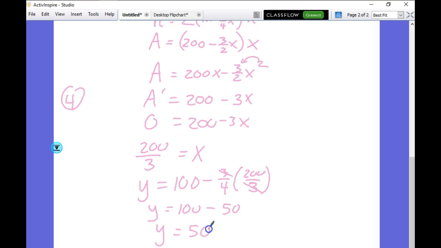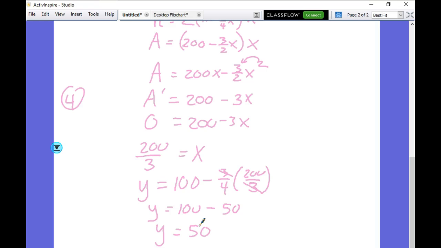And y is 50. So now what was the question asking for? Was it asking for the largest area? You sure? It's not what they told me last block. What's it asking for? What should the side lengths be, right?